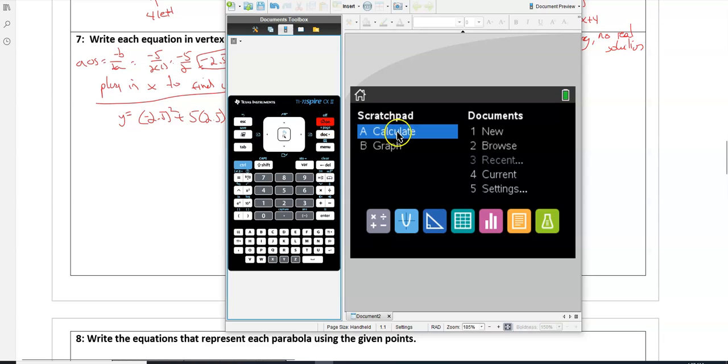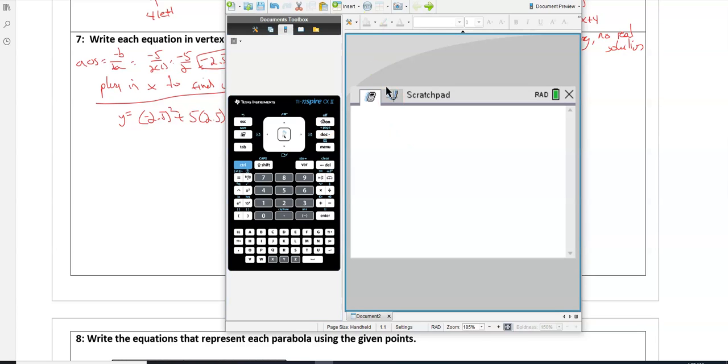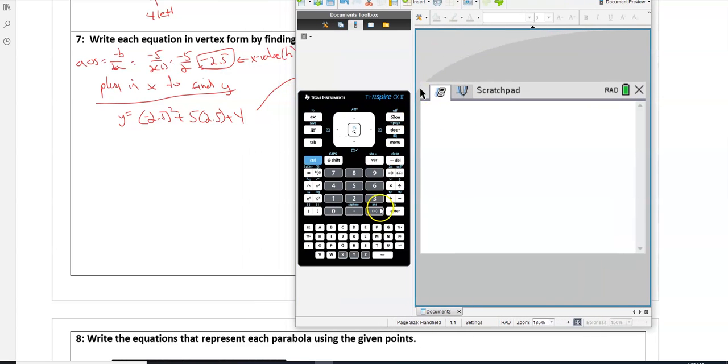All right, so let's go to a calculator real quick. And let's get that. Let's see, negative 2.5 squared plus 5 times negative 2.5, my bad.